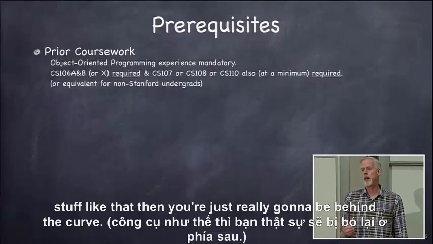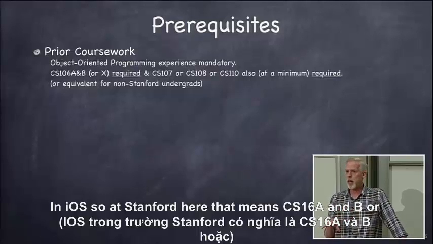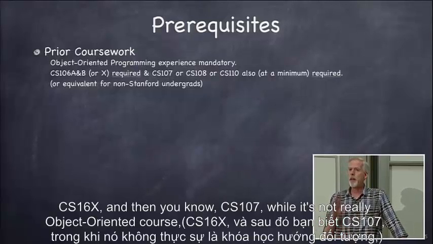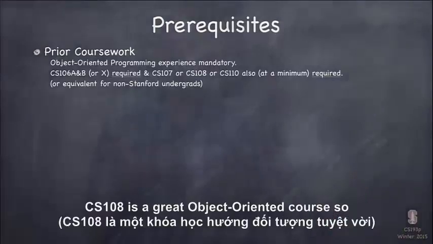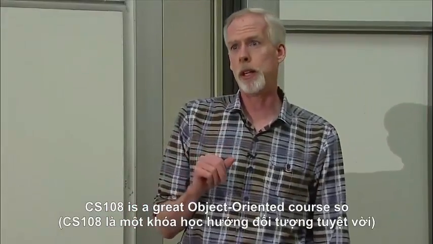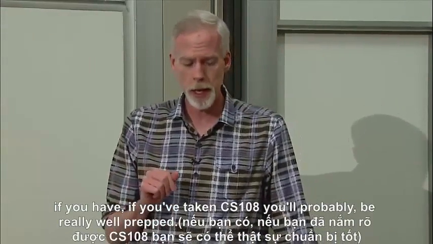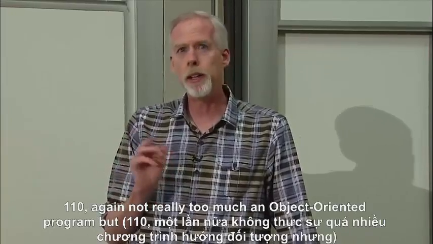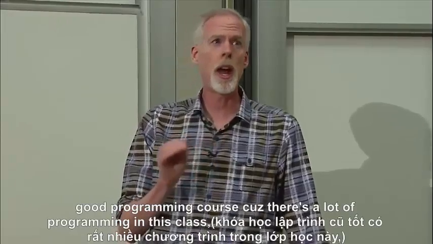So at Stanford here, that means CS 106A and B or CS 106X, and then CS 107, while it's not really an object-oriented course, at least it's a heavy-duty programming course. CS 108 is a great object-oriented course. So if you've taken CS 108, you'll probably be really well prepped. 110, again, not really much of an object-oriented course, but a good programming course, because there's a lot of programming in this class.